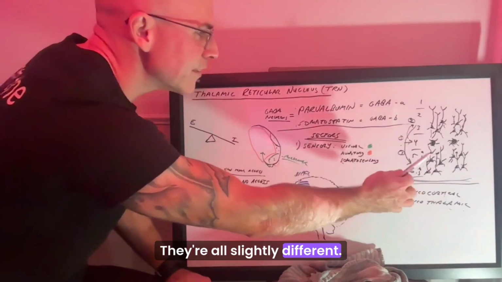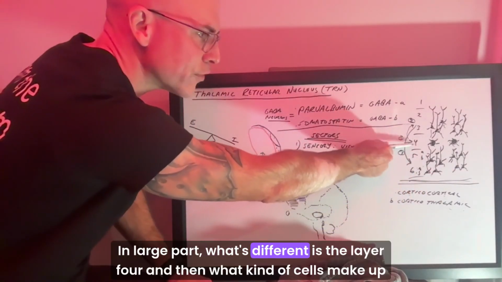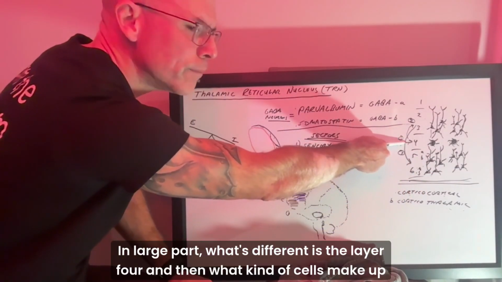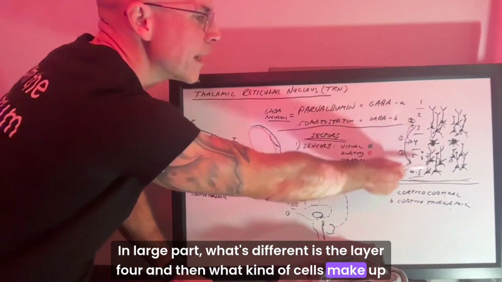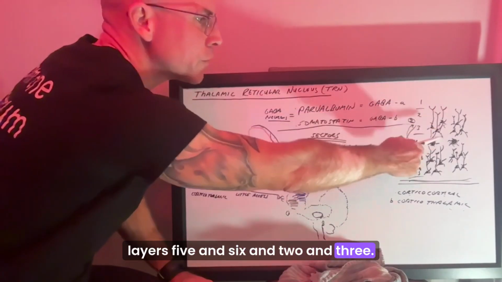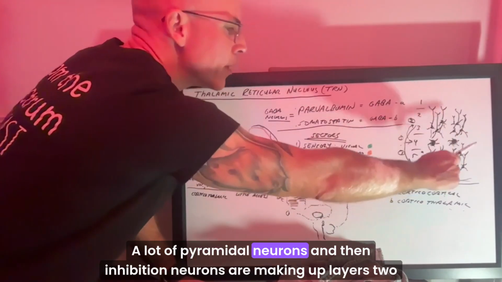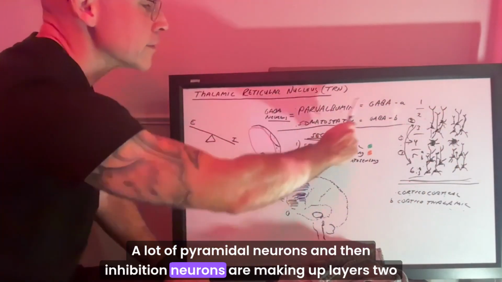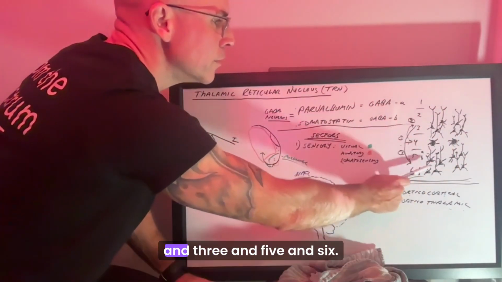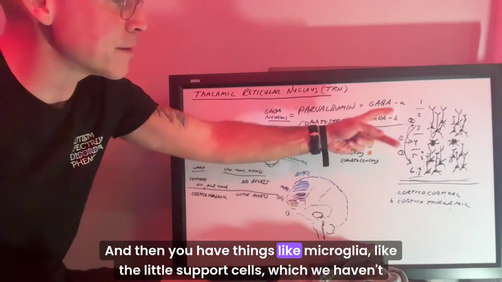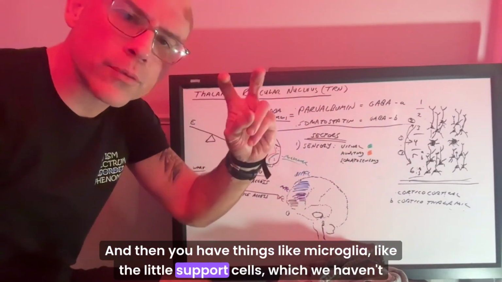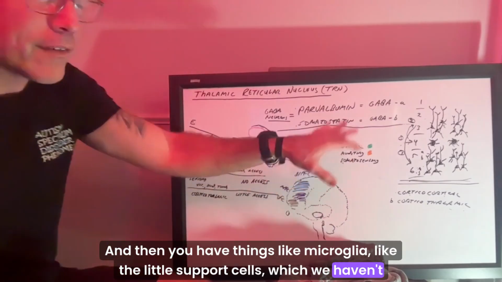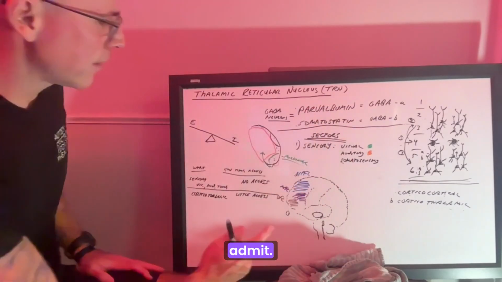They're all slightly different. In large part, what's different is layer 4, and then what kind of cells make up layers 5 and 6 and 2 and 3. A lot of pyramidal neurons and then inhibition neurons are making up layers 2, 3, 5 and 6. And then you have things like microglia, the little support cells, which we haven't spent a whole lot of time on, I admit.